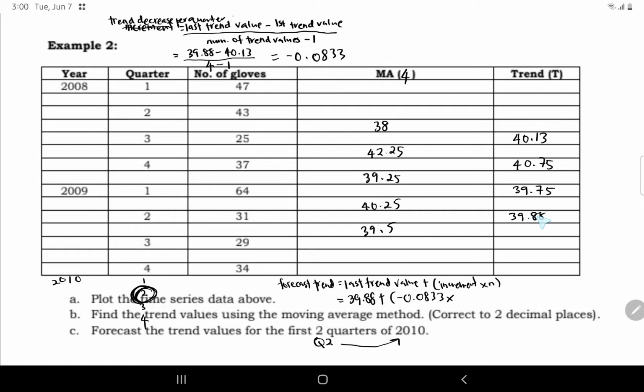Okay, last trend value kita dapat dekat sini, which is for Q2 untuk 2009. So kita tengok daripada sini last value kita. Okay, last trend value nak sampai ke Q2 2010 ada berapa quarter away? 1, 2, 3, 4. Okay, there are 4 quarters away. So our n is 4. So calculate this.